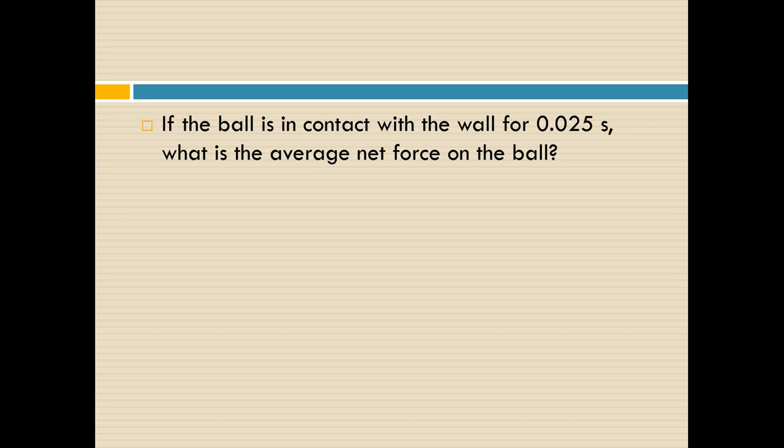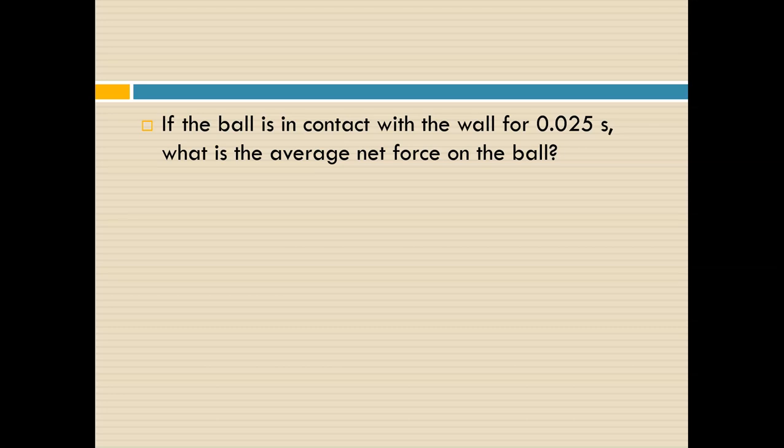Oh, no, I'm sorry. We take the change in momentum and divide it by the time interval. So the change in momentum was 13.6, and we divide that by 0.025 seconds, and we still end up with the wrong answer.